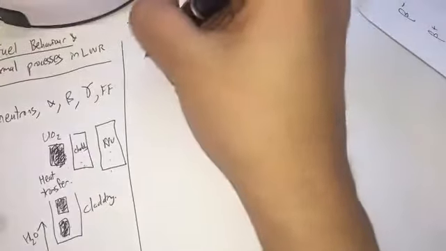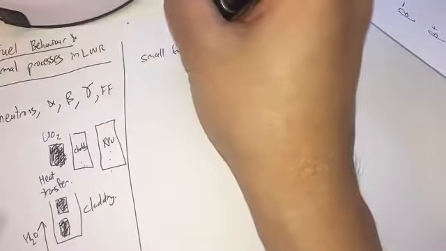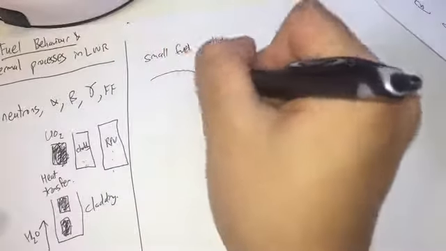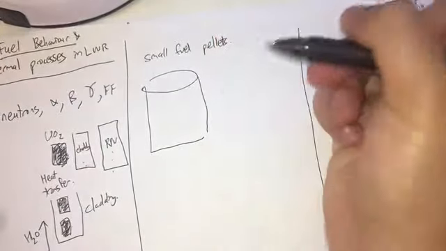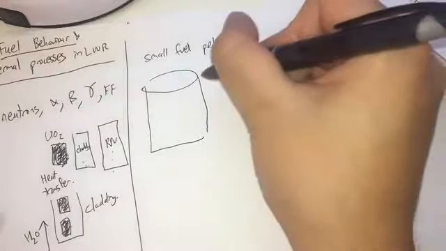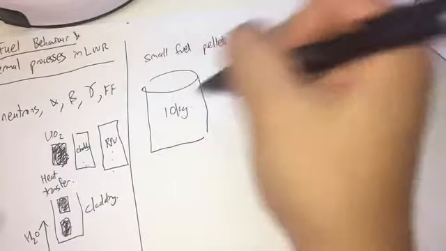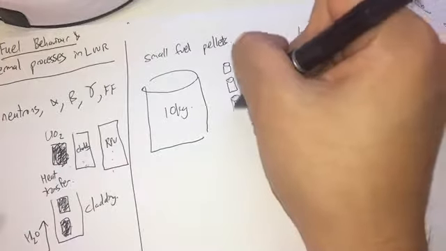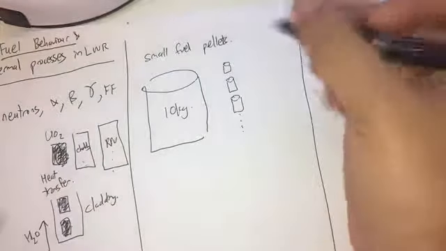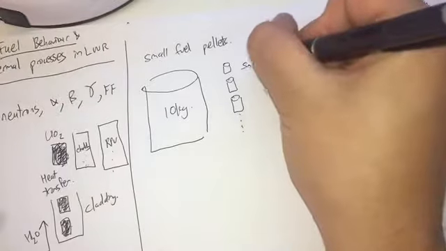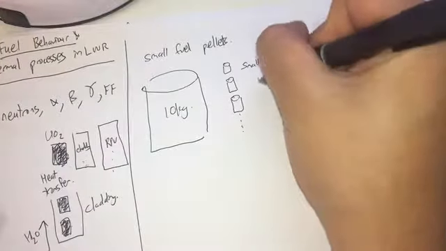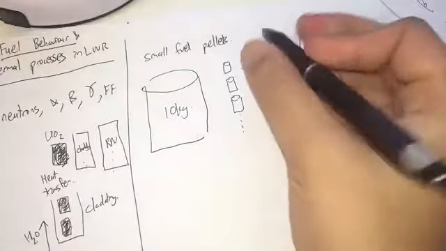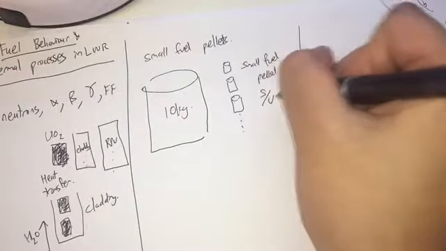We use small fuel pellets. Imagine a very large fuel pellet, let's say 10 kg of fuel in one large pellet, as compared to using this 10 kg in small fuel pellets. These small fuel pellets have way more surface to volume ratio.